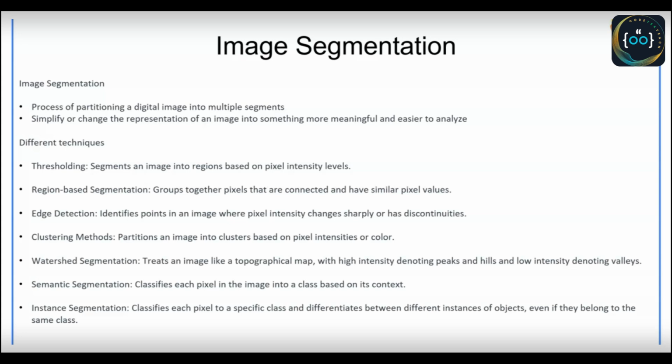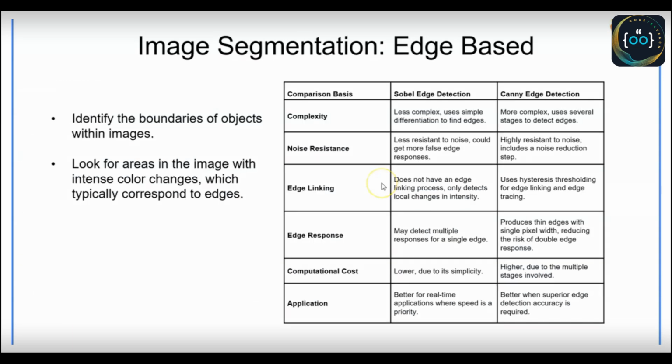These techniques can be used in a variety of applications, from medical imaging to autonomous vehicles to identifying and isolating specific regions of interest within them. Let us now look at edge detection a bit more in detail, and we will also develop a computer program to deploy edge detection.